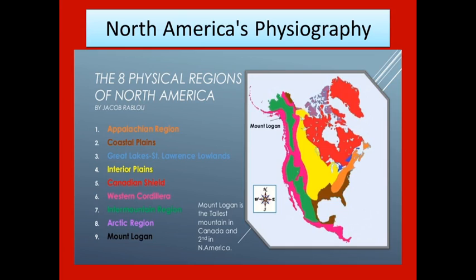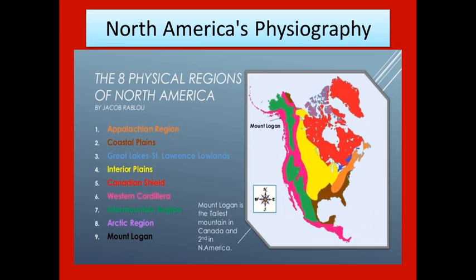Western Cordillera, it is to the west with a pink color. Intermountain region, which is in green in color. Arctic region, it is purple in color, which is on the top.